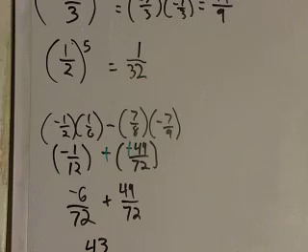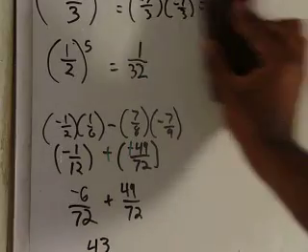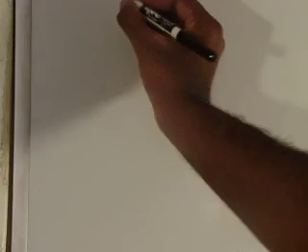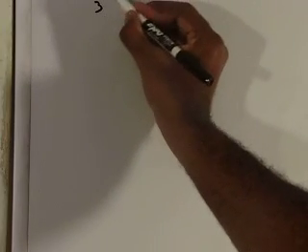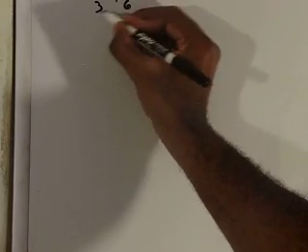Let's try another one. Okay. How about this one right here? 8 1/3 plus 7 over 6, over negative 9 over 2 minus 1/4.